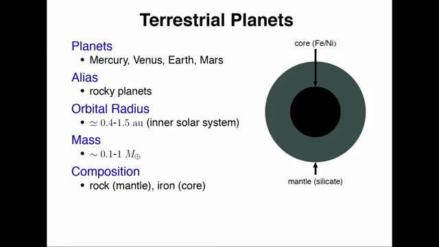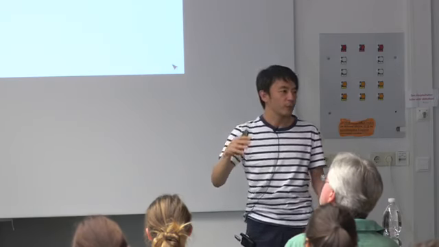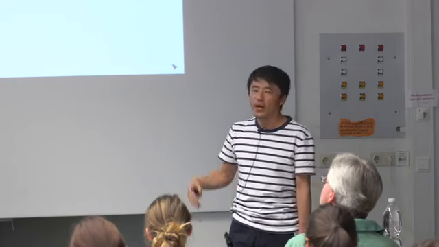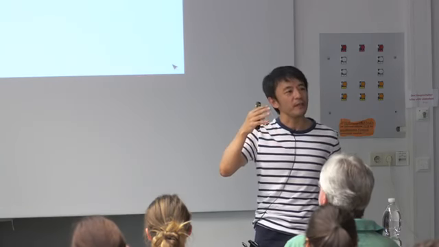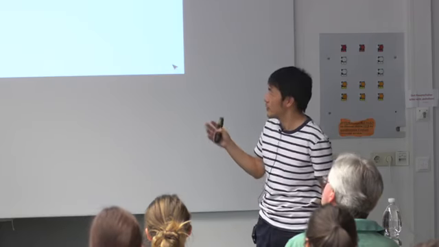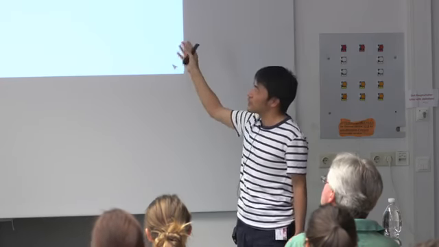For example, for the Earth, the core mass is about 30% of the total mass. But for Mercury, the core mass is now estimated to be about 70%. So actually, Mercury is not a rocky planet, it's an iron planet.